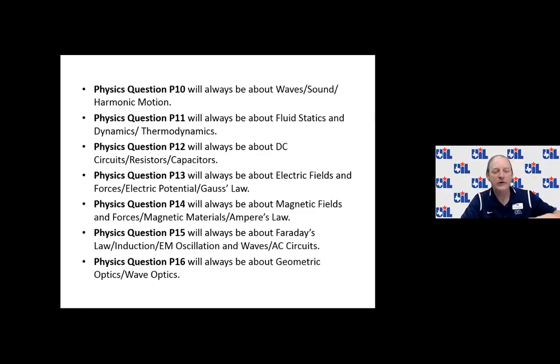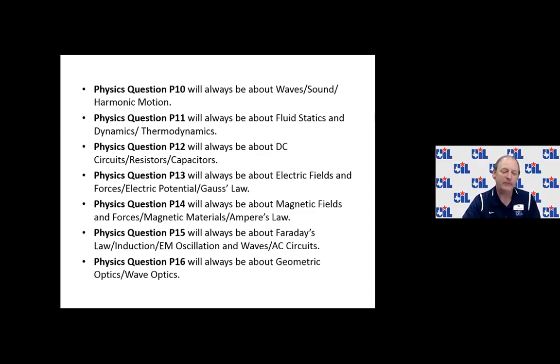And then starting with question 12, it's physics 2. DC circuits, batteries and light bulbs kinds of questions, for question 12. 13 and 14 are field questions, electric field and magnetic field. Again, those are a little more advanced, something you'd want to be in a physics class to learn about.